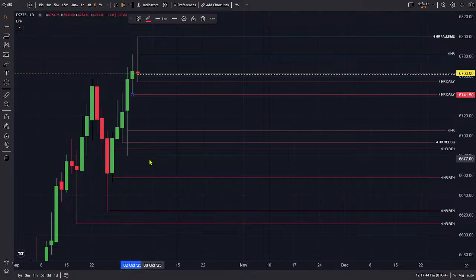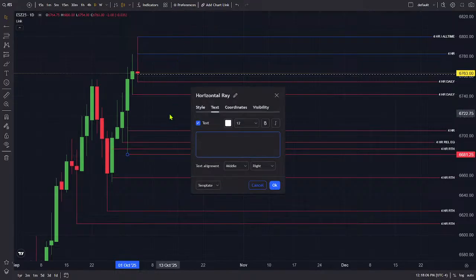And so the only one that's close to being a daily low is this one. You could just put an extra line there. Yeah, that's fine. And just mark it as a daily.